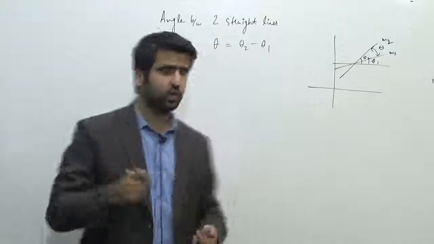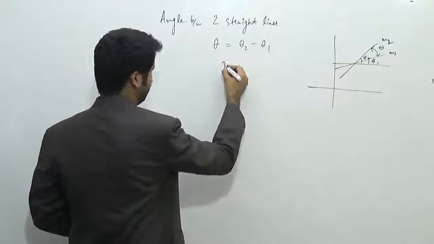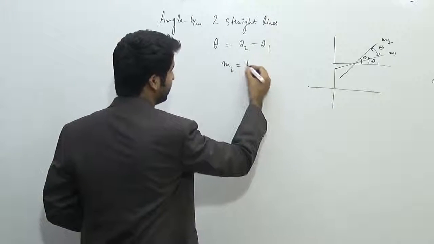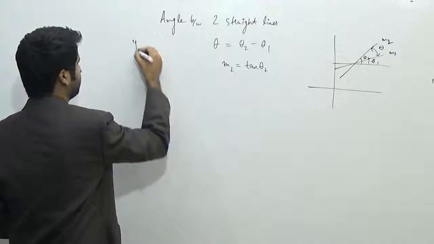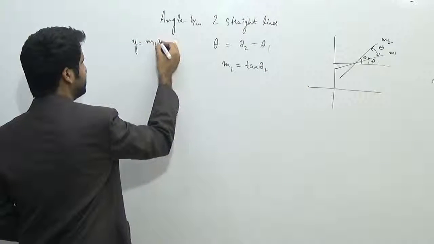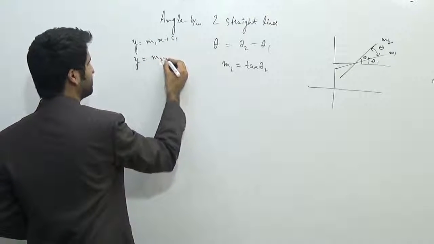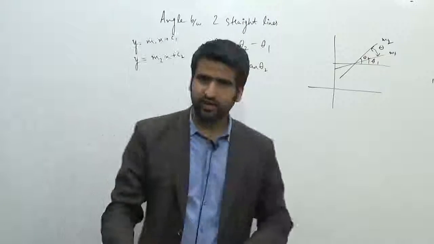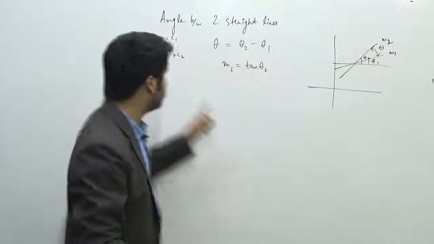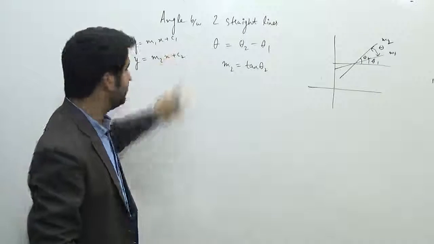We know the value of tan theta 2, which is the slope of the second line. If the two equations are y = m1x + c1 and y = m2x + c2, any form in which the straight line is given, we can easily convert to this form. That I told you earlier.